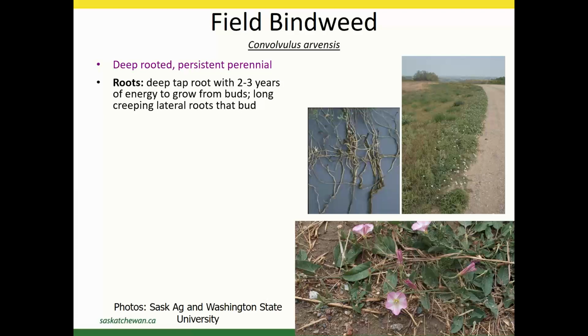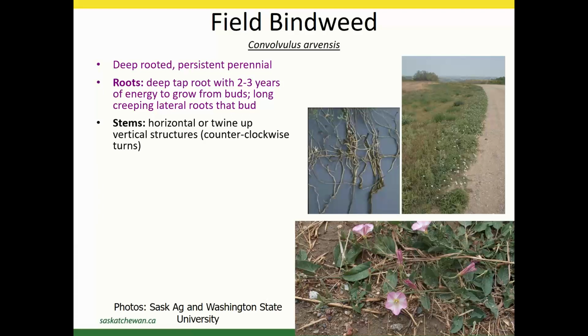It also has long lateral roots that allow it to produce colonies, and you can see that run along the side of the road there. That infestation there is largely being created by the grader dragging those roots along the side of the road and then reestablishing along that road edge.